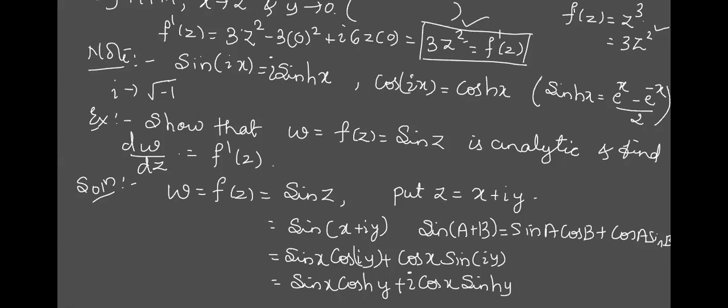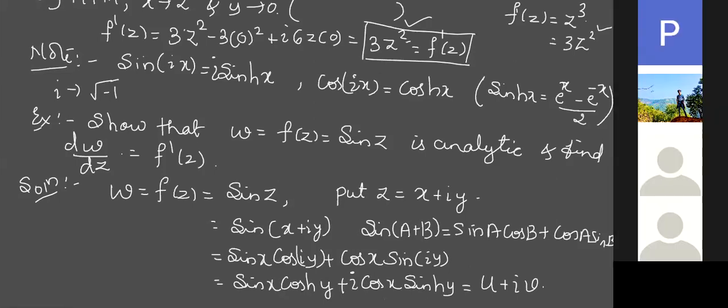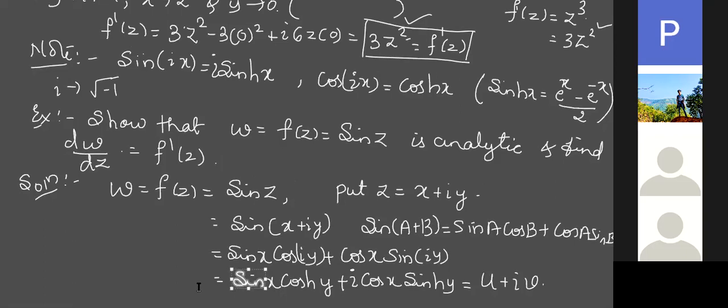Isn't it, you have these terms not containing i and the second one containing i? In which format is it? u plus iv. Yes, now this is in the form u plus iv. So what is u? Sin x cos hyperbolic y.